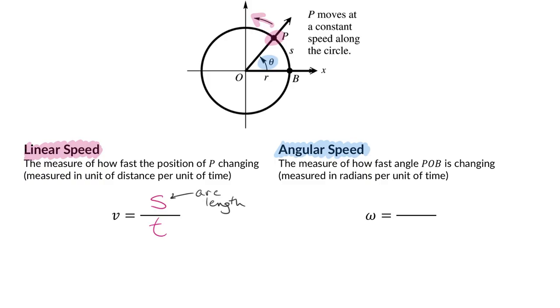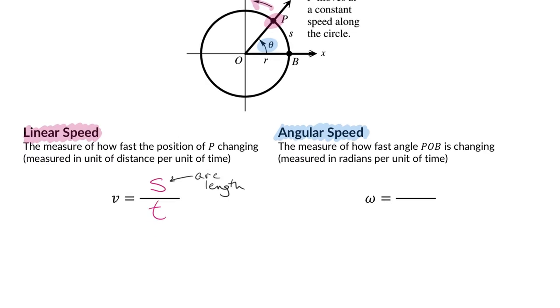So we're just taking the arc length and dividing it by time, whatever unit of time we're using. Speed, or rate, is distance divided by time, and this gives me arc length divided by time. So it's really just velocity, the rate at which point P is moving around the circle.